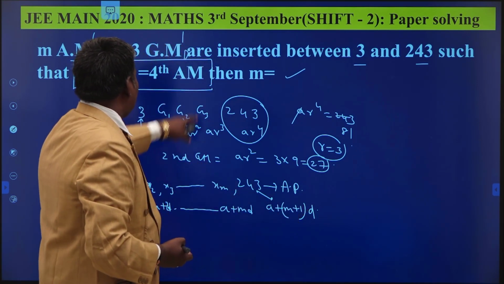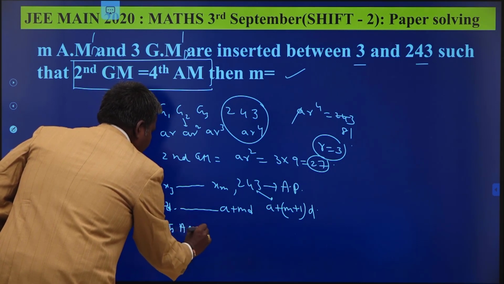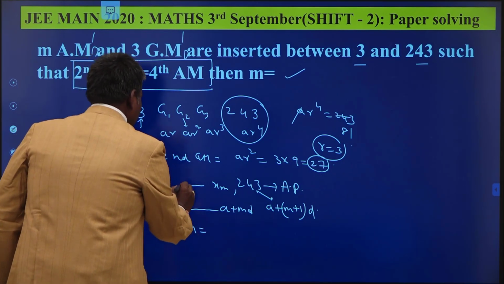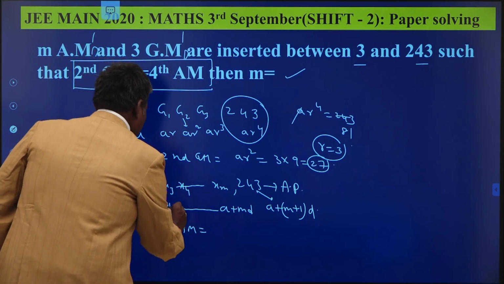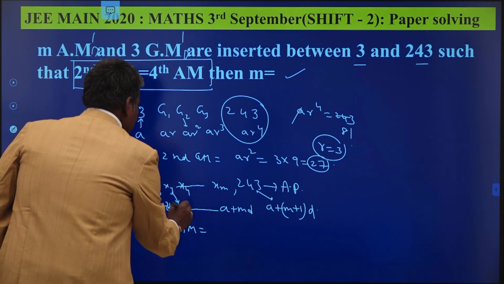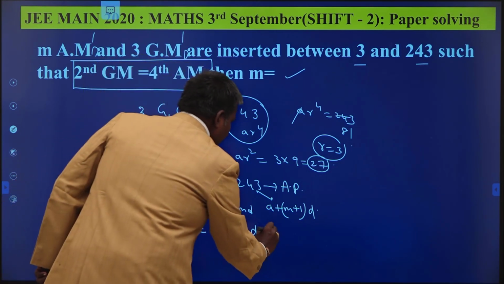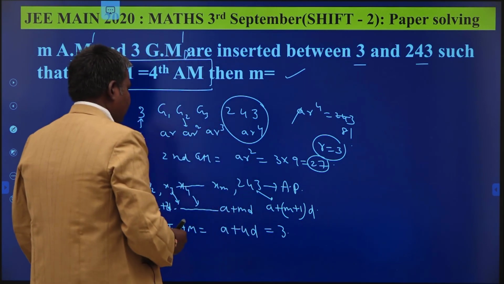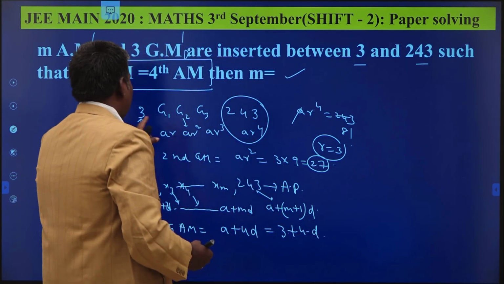What is the given fourth arithmetic mean? Fourth arithmetic mean is what now? A plus 4D. Am I correct or not? x4 is the fourth arithmetic mean. A plus 4D. This is A plus 2D, this is A plus 3D, this is A plus 4D. A is 3, so 3 plus 4 times D. Both are equal.